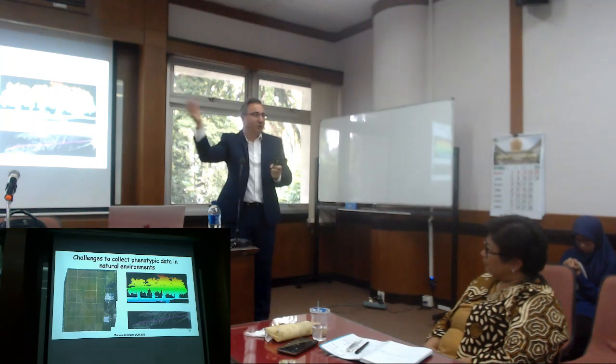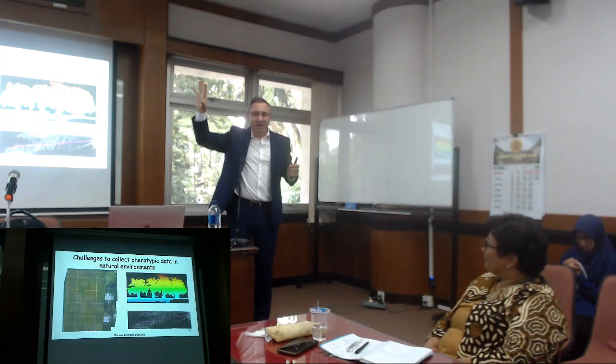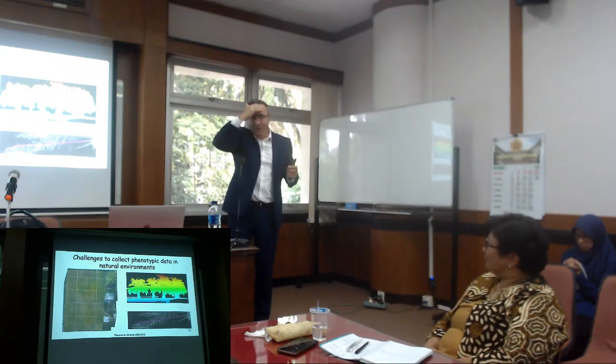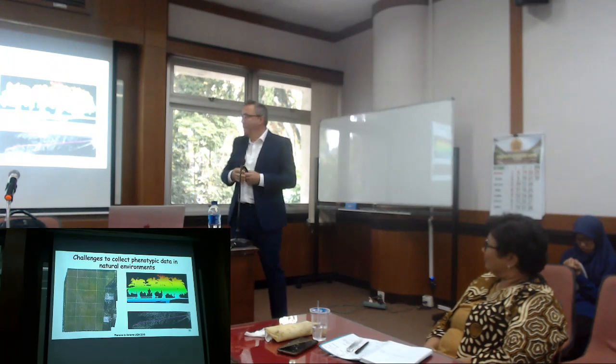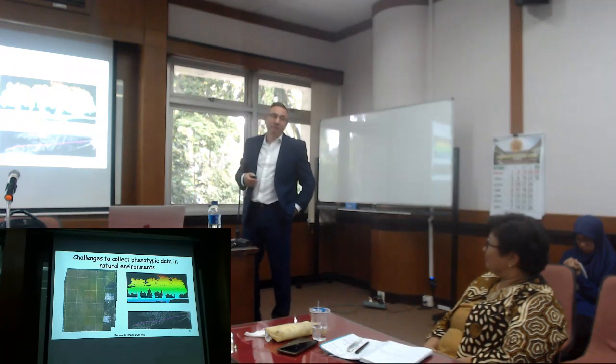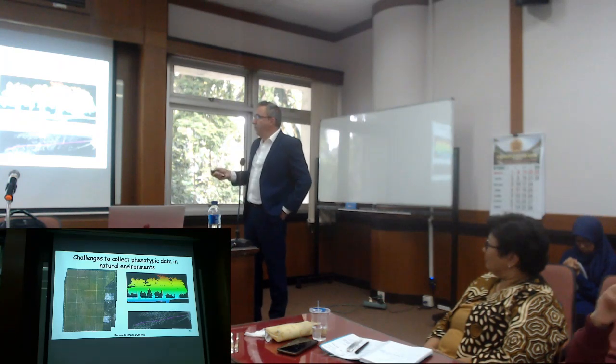So you have a little buggy that goes around with the camera, and you can collect all the data. You can do this for millions of trees. But this is not enough, because we are talking millions of hectares. To get information for millions of hectares, you have to look at this.